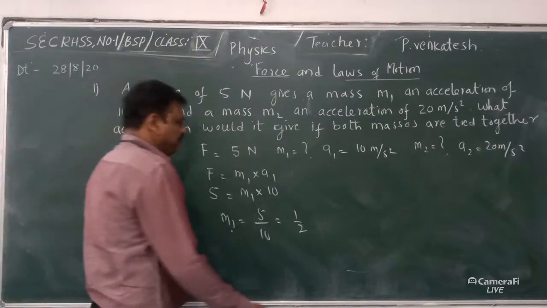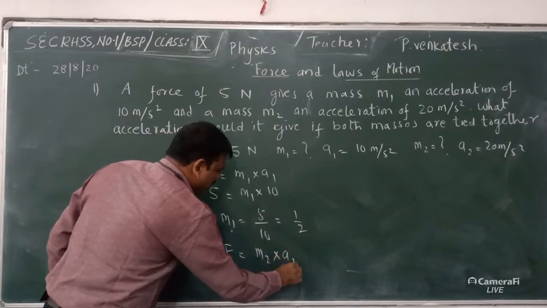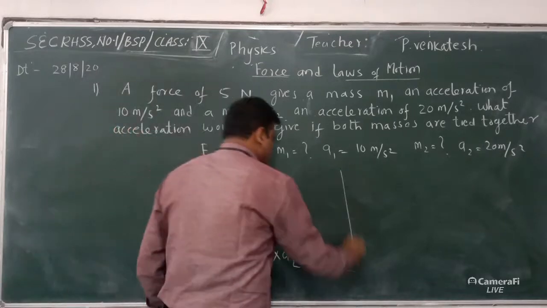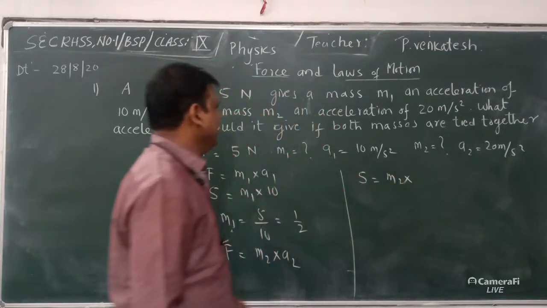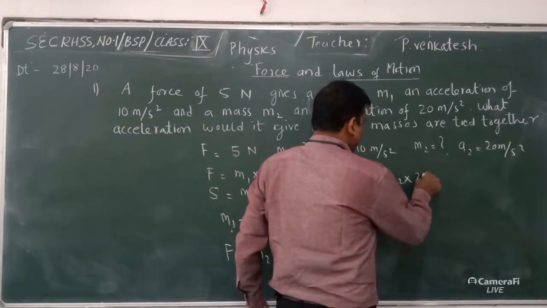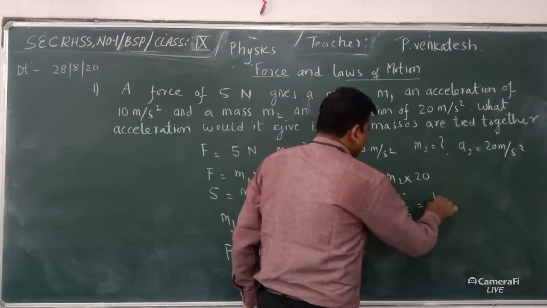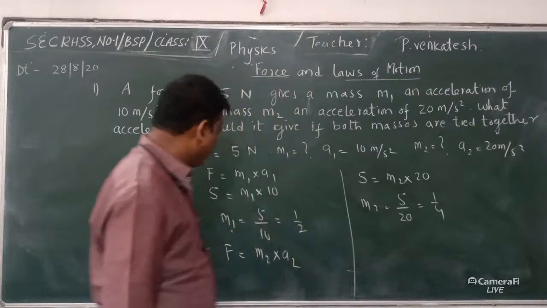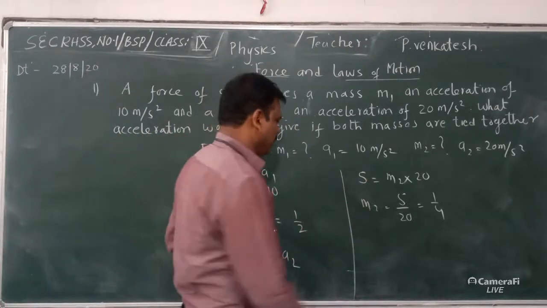Similarly, you find F equal to m2 into A2. Force equal to 5 newtons, 5 equal to m2 into the second acceleration, 20. Or m2 equal to 5 by 20, that is equal to 1 by 4. Got it? You got the mass of the first object and the mass of the second object.